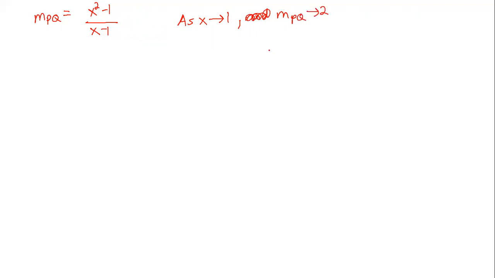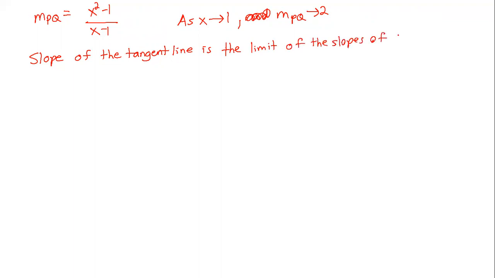So this suggests that the slope of the tangent line, m, is 2. And so the slope of the tangent line is the limit of the slopes of the secant lines, which we can write symbolically as the limit as Q approaches P of m_PQ equals m.